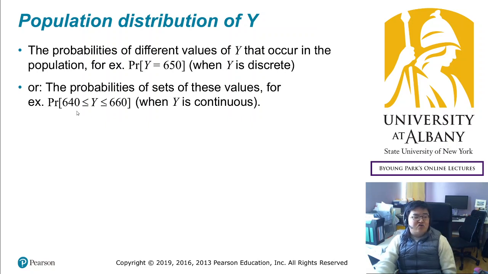But you may also consider the probability of the school district average test score being greater than 640 but smaller than 660. These probabilities are easy to calculate if you observe everyone. If you observe the population, the probability is just a matter of computation.